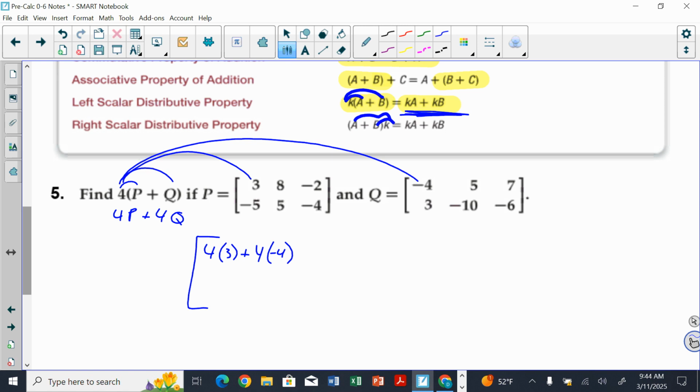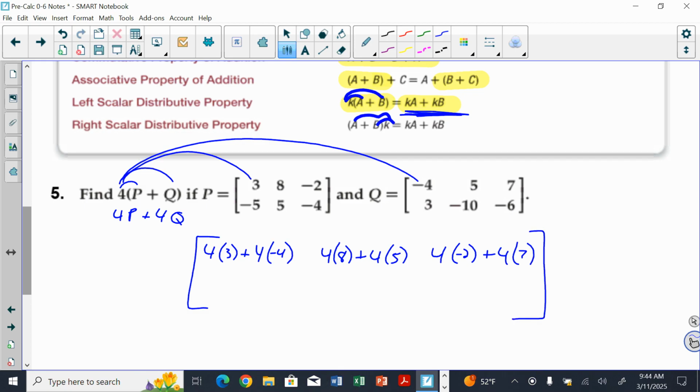The next term: 4 times 8 plus 4 times 5. You don't have to write this out every time, I'm just doing it to show. And then the third term would be 4 times -2 plus 4 times 7. Okay, and I can close that matrix off.